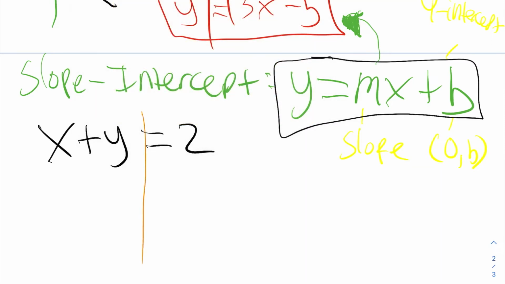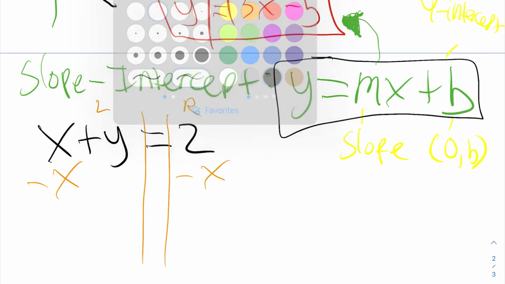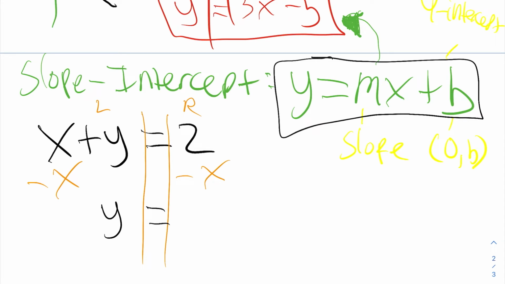So I have to think, how can I get y equals mx plus b? The only way I'm going to get that is if I take x away from my left side and I take x away from my right side. So I'm going to say that y equals 2 subtract x. Now it doesn't quite match this, right? It's a little bit different.